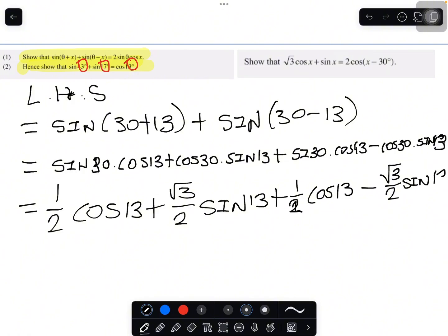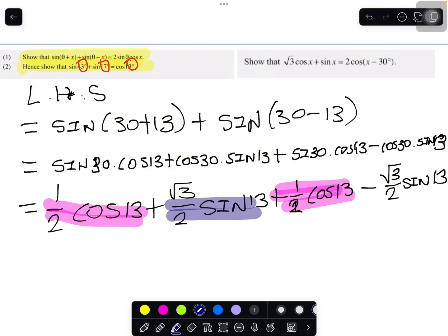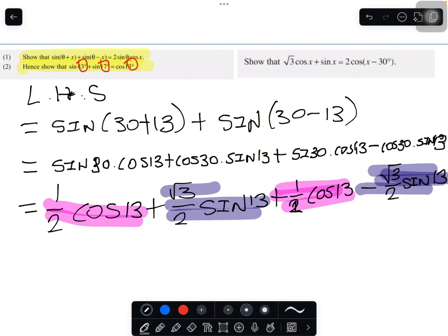And if we look here, let's look at our like terms. What are our like terms here? So we have cos 13. Do we have another cos 13? It's right here. So these are our like terms. Now let's look here. We have a sine 13 and we have another like term here. So the positive and negative for the sine 13 will then cancel each other out.